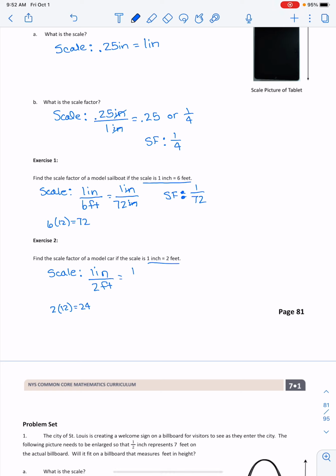So it equals 1 inch over 24 inches. I can cross off the inches. It can't be simplified anymore, so the scale factor is 1 over 24. That ends my lesson.